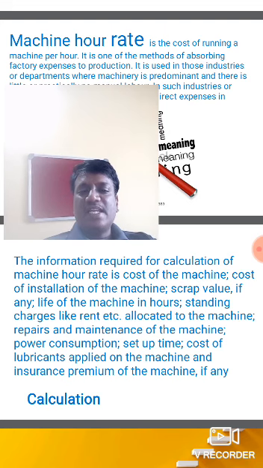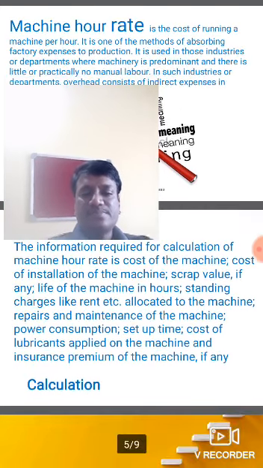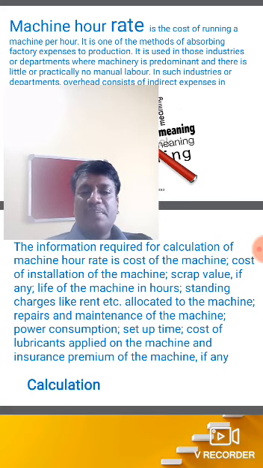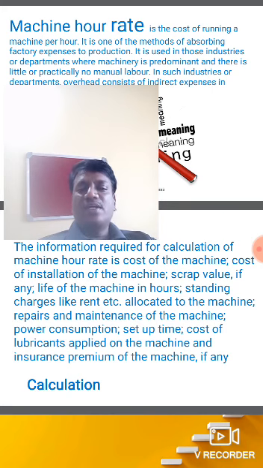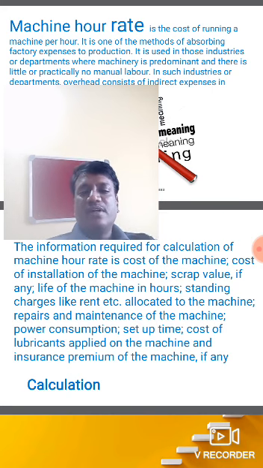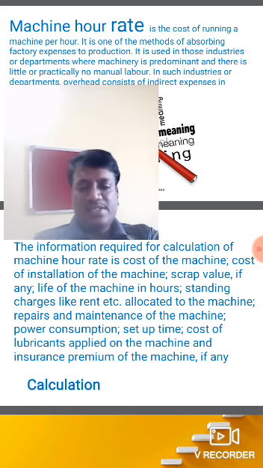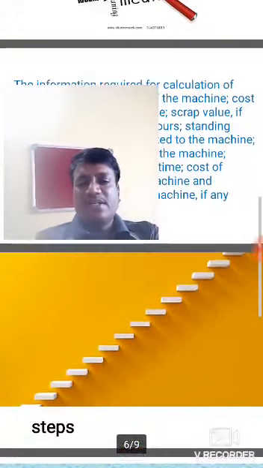It also includes the standing charges like rent, heating, supervision, and other related expenses allocated to the machine, then repairs and maintenance of the machine, the power consumption, the setup time, the cost of lubricants applied on the machine, and the insurance premium of the machine, if any. This is how the machine hour rate will be calculated.